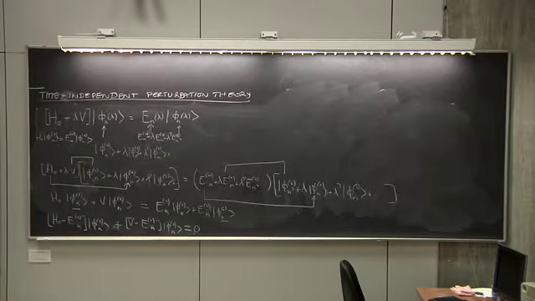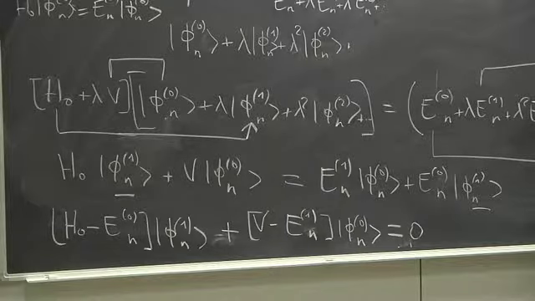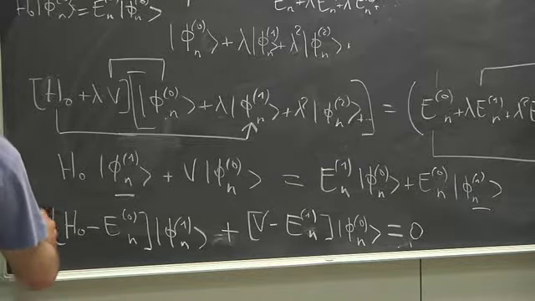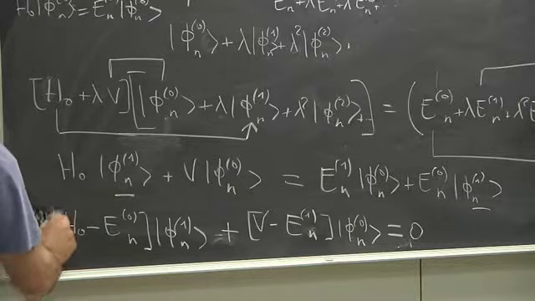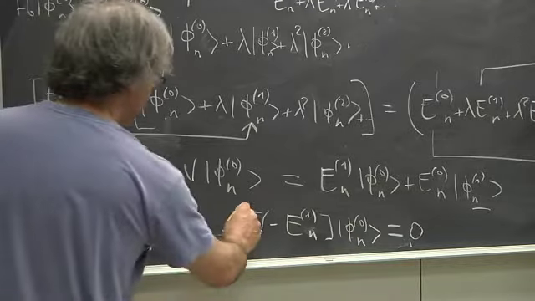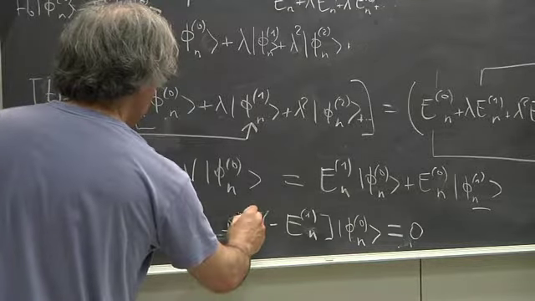Do we agree on this? Okay, I've just rewritten it all in the first thing. Now let us see something. For instance, notice if I take a scalar product here with, for instance, φ0n, obviously here and here, what happens?